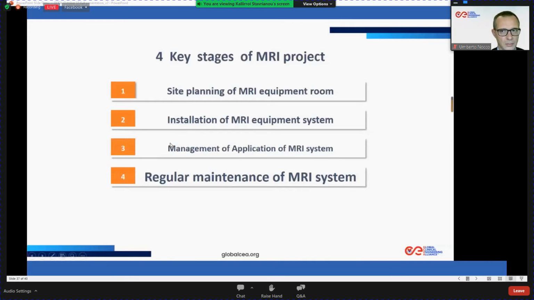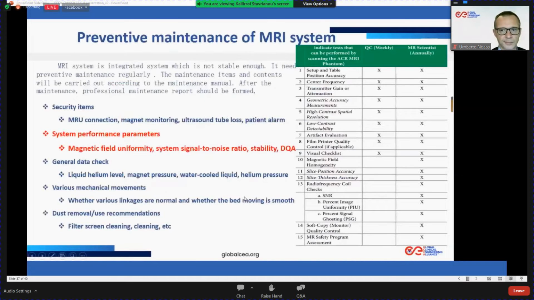The fourth stage is regular maintenance of MR systems. The MR system is an integrated system, which is not stable enough. It needs preventive maintenance regularly.